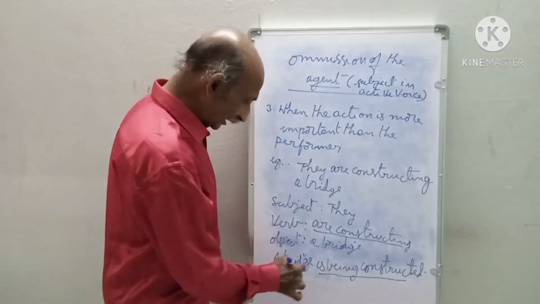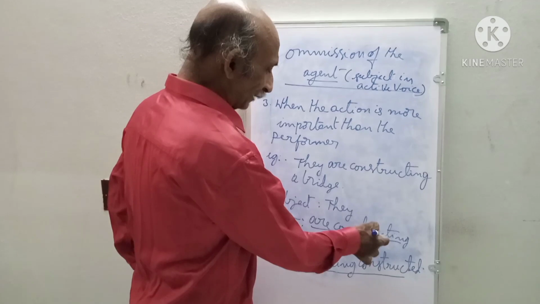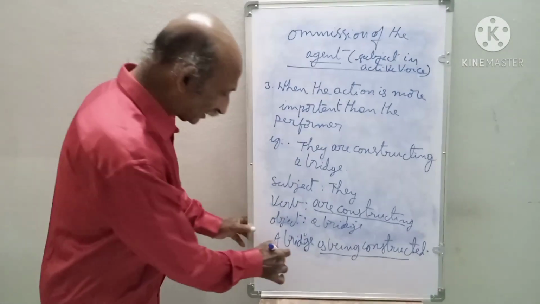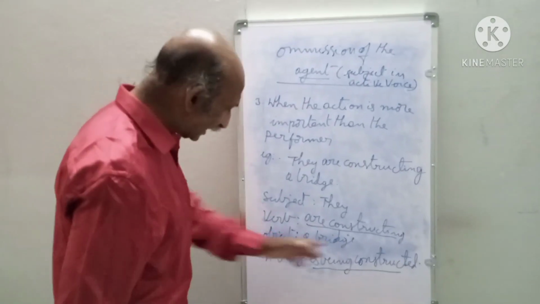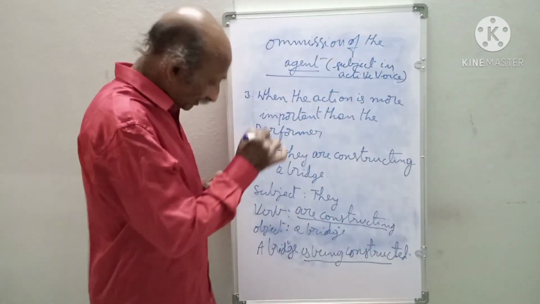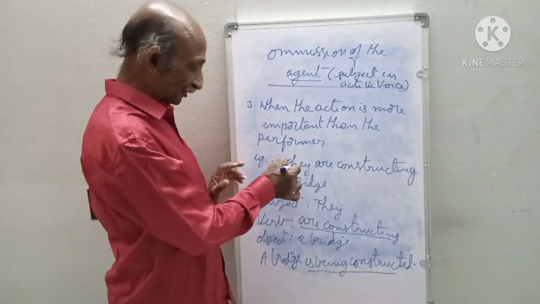So, is. A bridge is being constructed. The main verb, which we change into past participle form, constructed. Here you see, I did not write the agent, by them, because it's not necessary. Why, sir? The construction of the bridge is more important than the people who are constructing it.